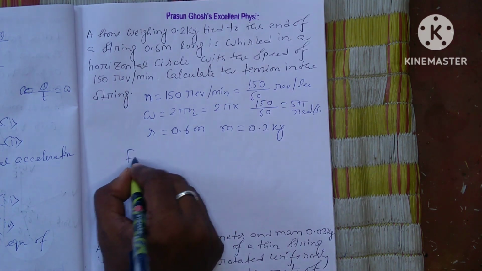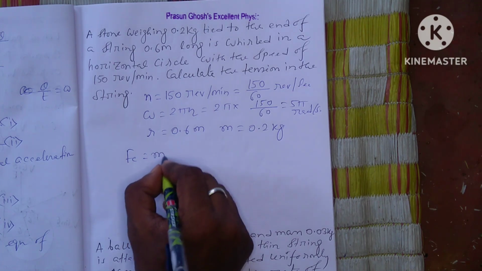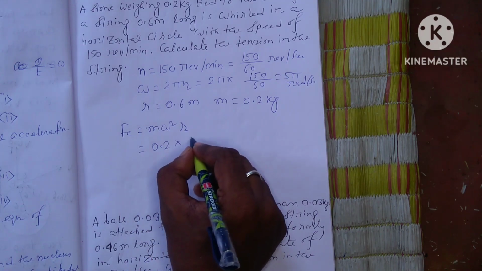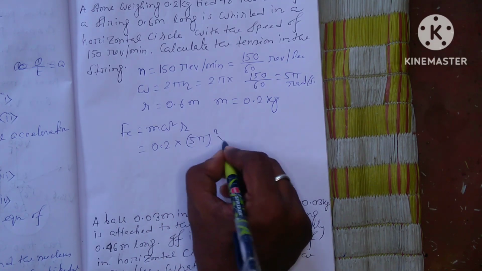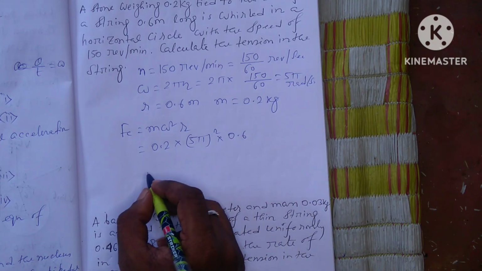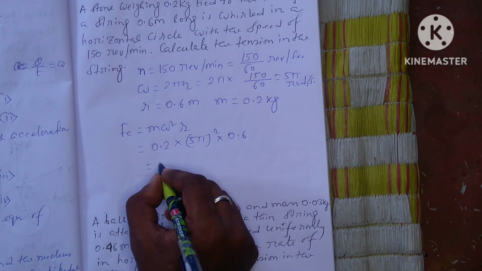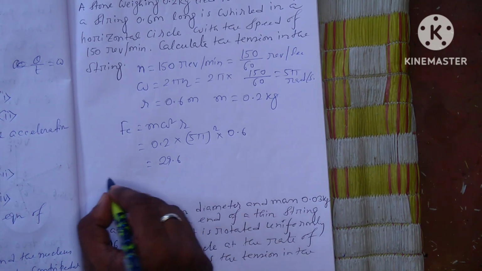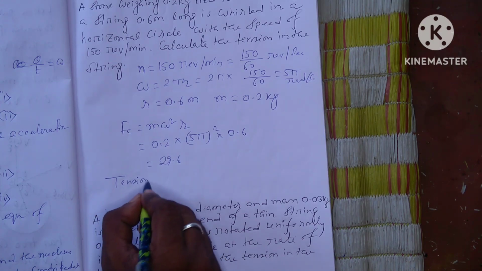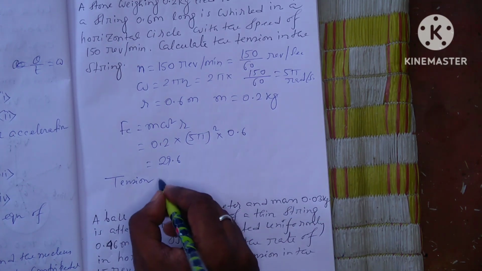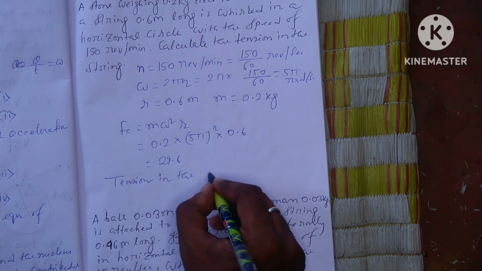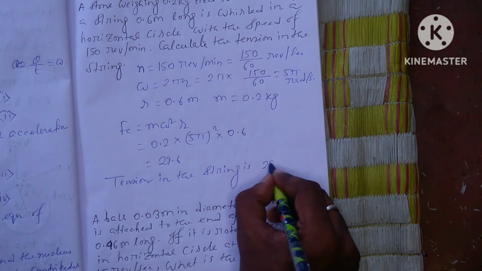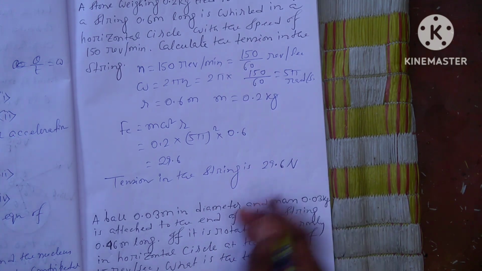Fc equals m omega square r, that is 0.2 into (5 pi) whole square into 0.6, which is 29.6. So the tension in the string is 29.6 newton.